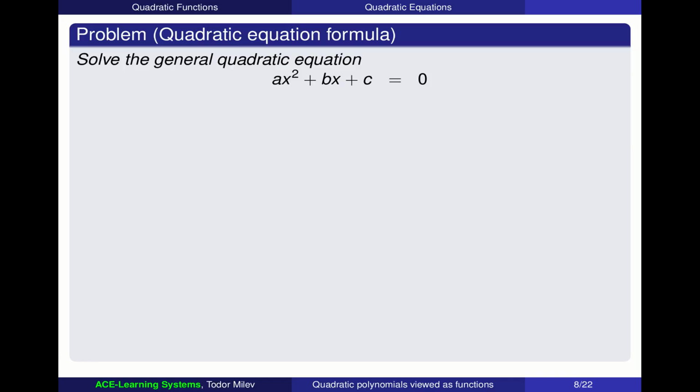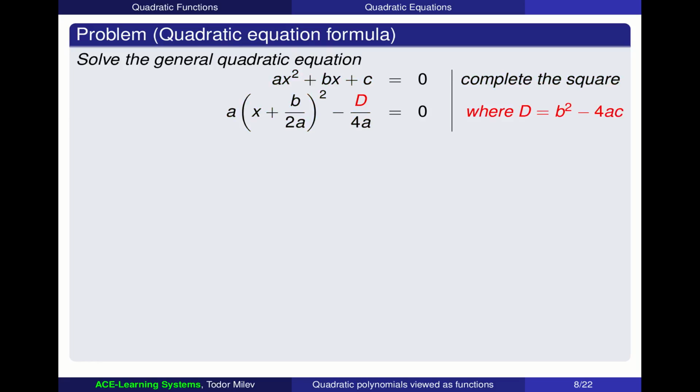The first thing we do when we solve a quadratic equation is we complete the square. Now, in the preceding discussion, we studied in great detail how to complete the square, so I'm going to directly produce the answer for you. We complete the square to get that ax squared plus bx plus c is equal to a times x plus b over 2a, the whole thing squared, minus d over 4a, where d was the discriminant.